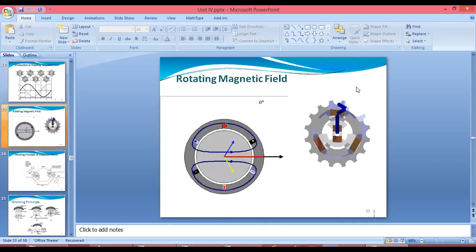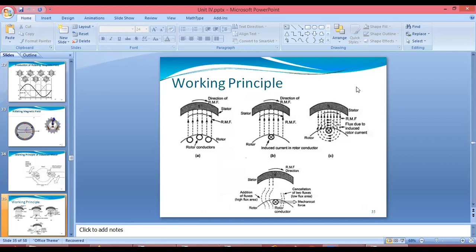So here, when we are giving the three-phase supply to the three-phase induction motor, you can see here, when we give the input, if your magnetic field rotates like this and has its direction in the upward direction, at that time you will get an induced current because of that rotating magnetic field, and it will move in the rotor conductor.